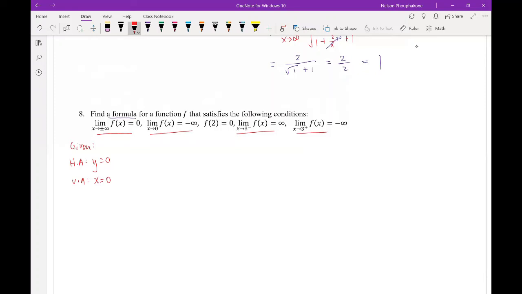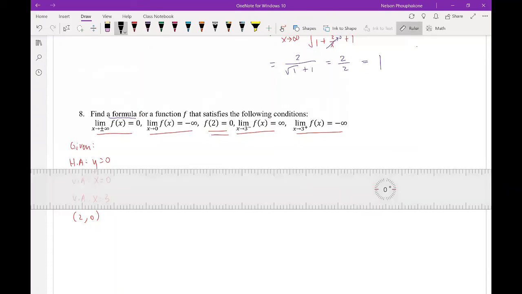We also have another vertical asymptote, x is equal to 3. And the last one, we have a point at 2, 0. So this is what we know. Now let's try to graph this first.